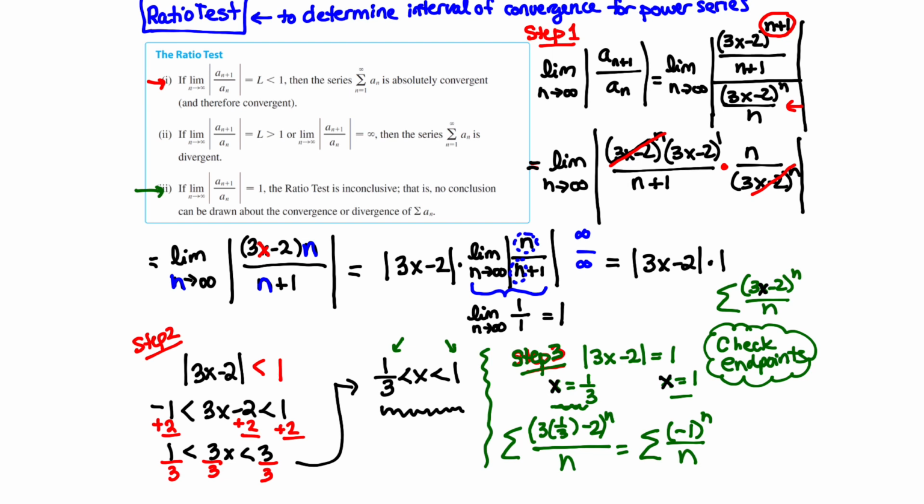Okay, so what does this thing do? Drew? It's conditionally convergent because it's an alternating harmonic series. Yes, this guy is conditionally convergent. So that means x equals 1/3 is good. It means my series converges here.